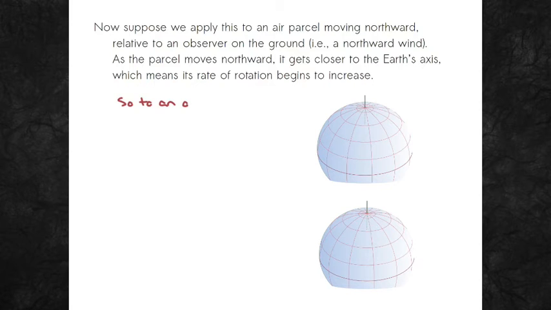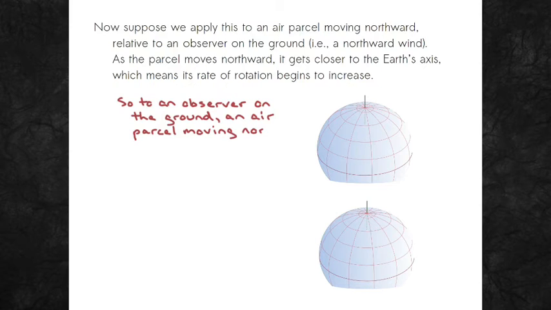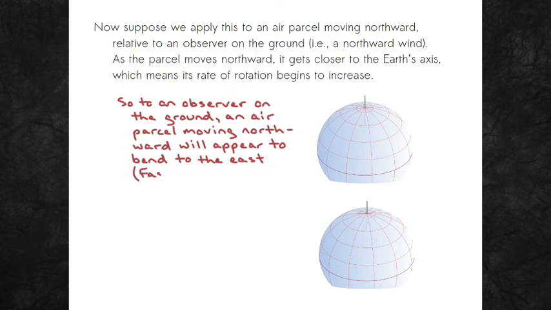So, to an observer on the ground, an air parcel moving northward will appear to bend off towards the east, right? Because it's going to start spinning faster than the Earth, and so it's going to appear to bend off towards the east. That is, it's rotating more quickly than the Earth is.